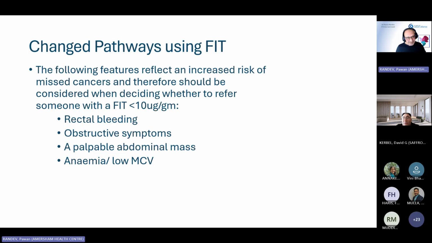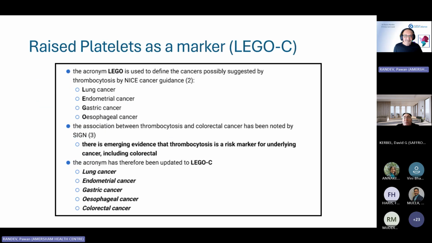So that's FIT testing. The next thing I wanted to highlight was a test that we use all the time in general practice, the full blood count. And some of you may be very aware of this and teach your trainees this, but some of us may benefit from a refresher on raised platelets as a marker for possible cancer.